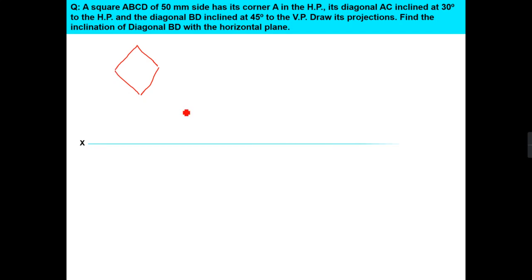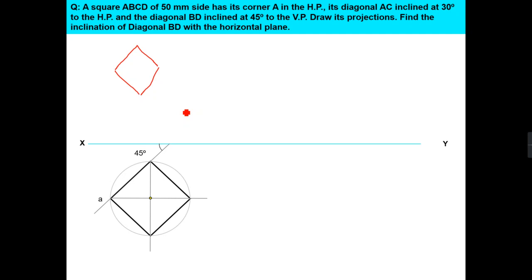Okay, so starting with the true shape of the square in the top view, like this I can draw the square. The square has a side of 50 mm.